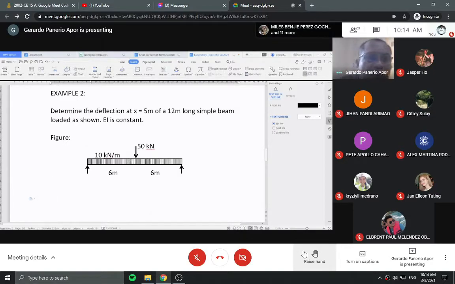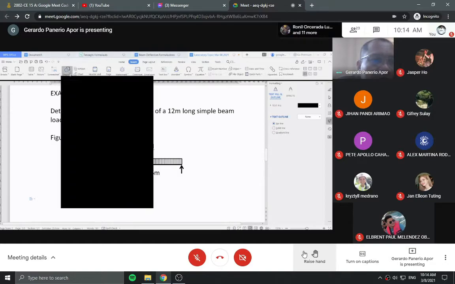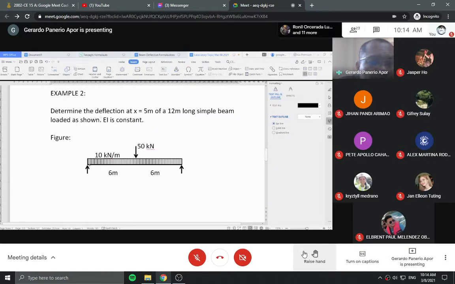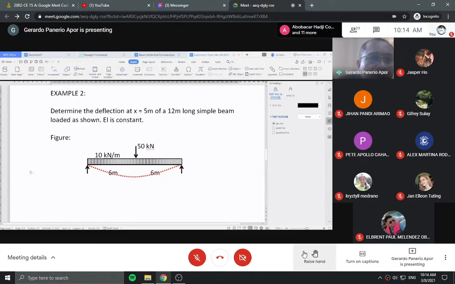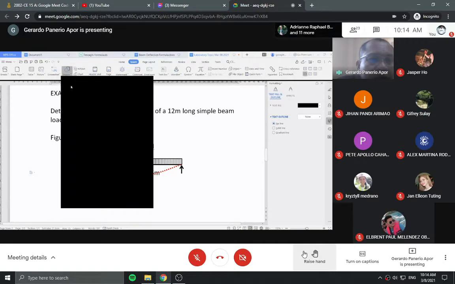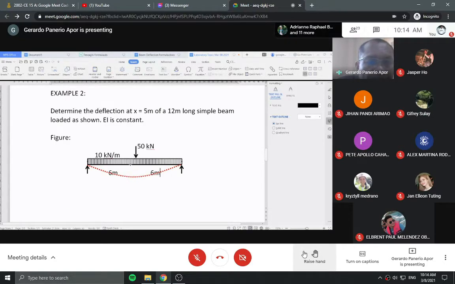So I'm going to make the deflection line. Basically, you are going to determine the deflection at x equals 5 here.